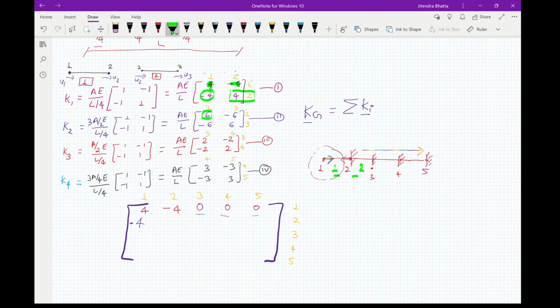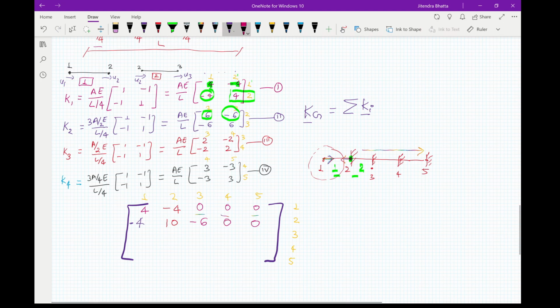Therefore, you have to add it up. Now, what you get here is 4 plus 6, isn't it? So it will be equal to 10 here. And now you will be looking into 3, 2, which will give you minus 6. And this will not have an impact on the other nodes. It will be 0, 0.